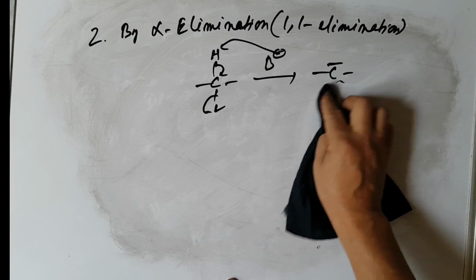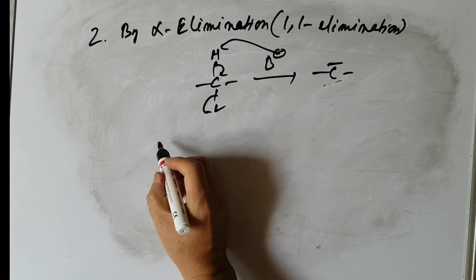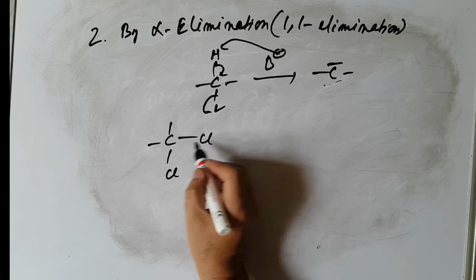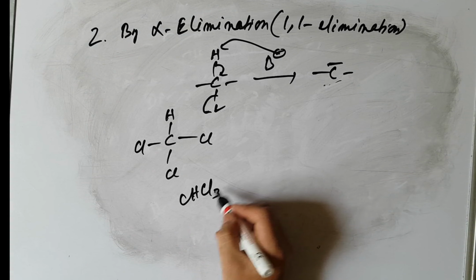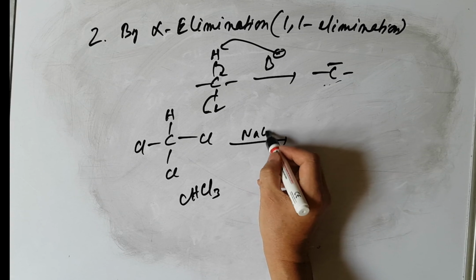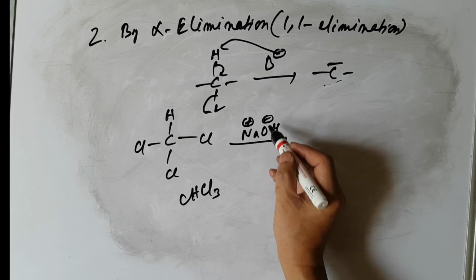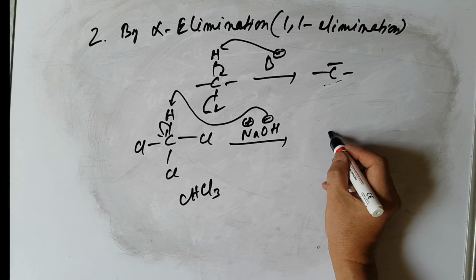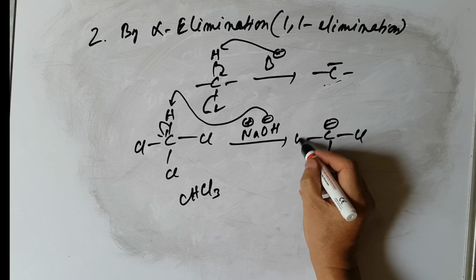So there are many examples of alpha elimination. One is from chloroform, CHCl3. It reacts with sodium hydroxide, the alkali. The first step is that the alkali extracts the proton to give a carbanion here.